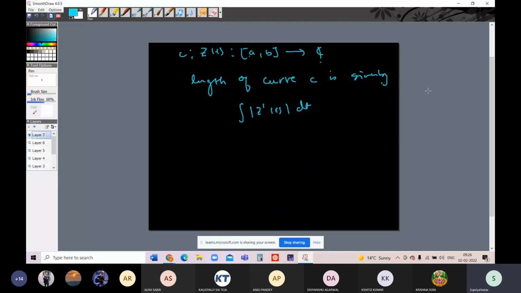Actually it was mod of dz, which is written as mod of z dash t dt, when t lies from a to b. So this will be the length of this whole curve C.